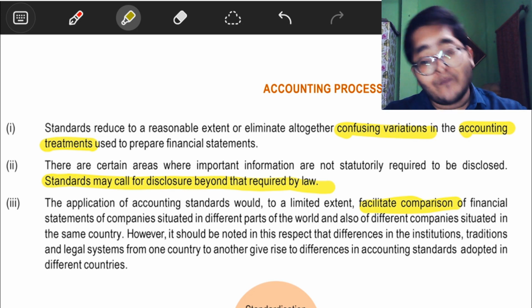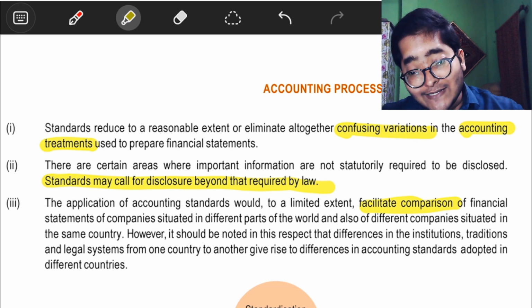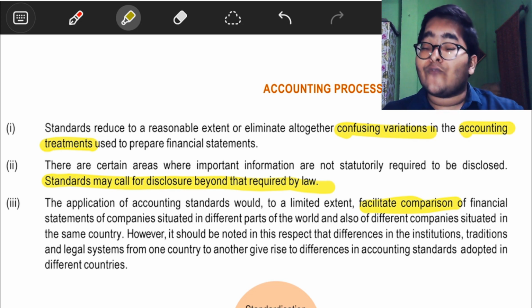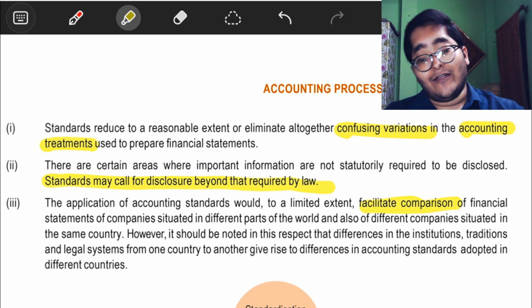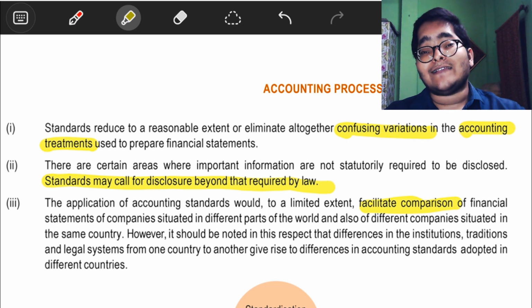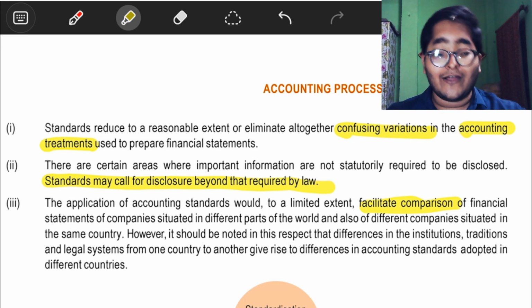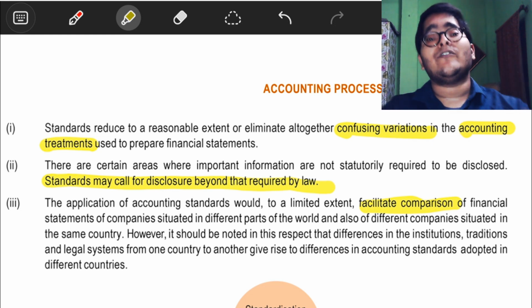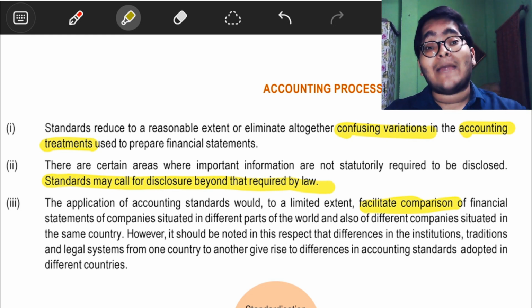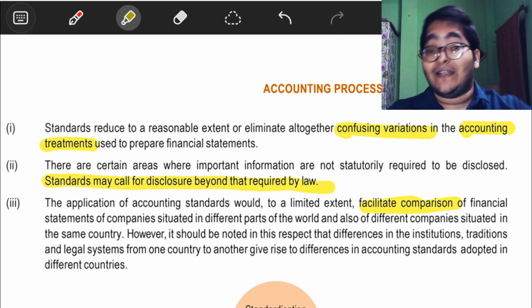However, it should be noted in this respect that differences in the institutions, traditions, and legal systems from one country to another gives rise to differences in accounting standards adopted in different countries. Accounting standards may differ country to country, and that must be kept in mind while comparing inter-country business operations or inter-country business financial statements.